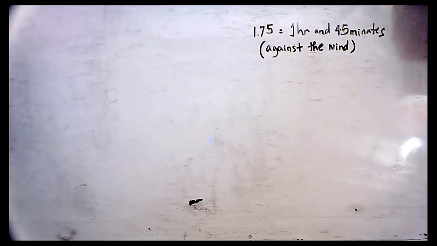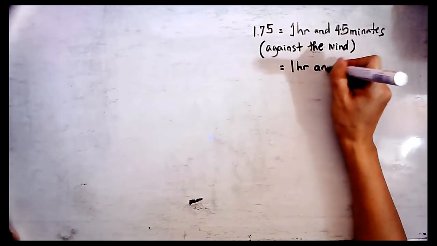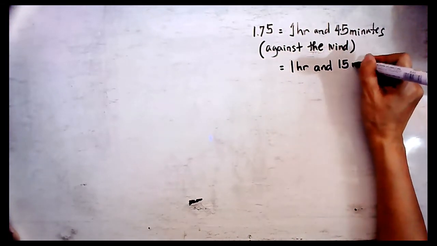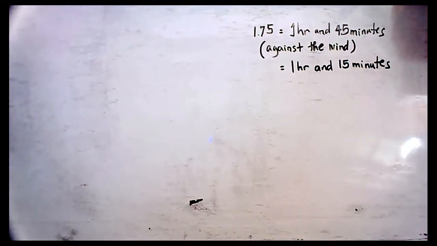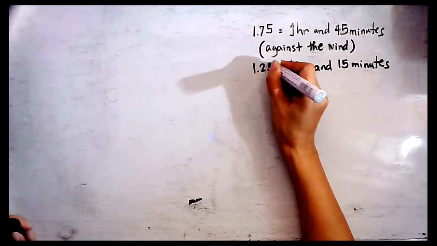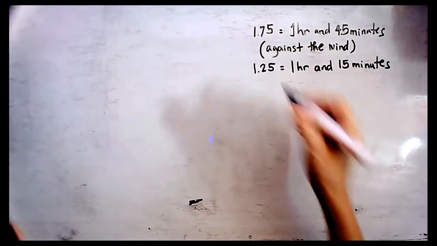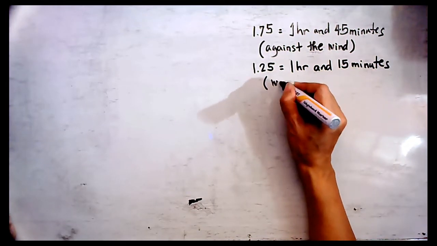And according to the problem, it will cover the same distance in 1 hour and 15 minutes. If you are going to convert this into hours, 15 minutes is simply 25% of 1 hour, or that's equivalent to 1.25 hours, if the airplane will be traveling with the wind.